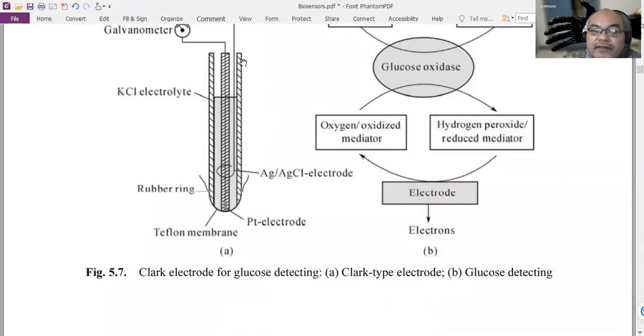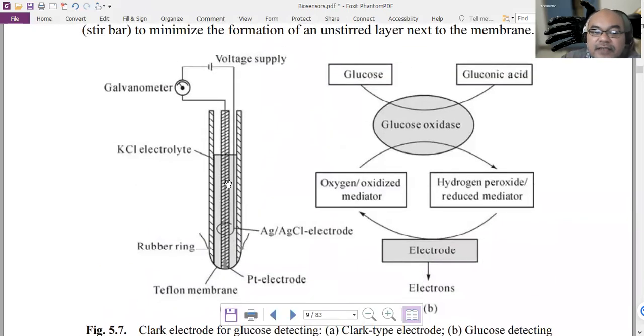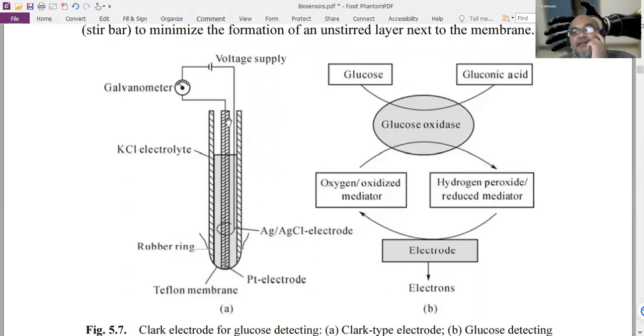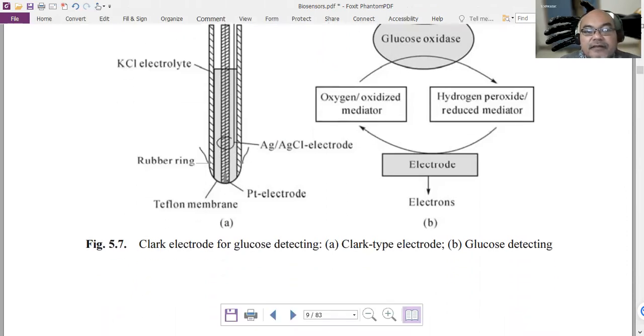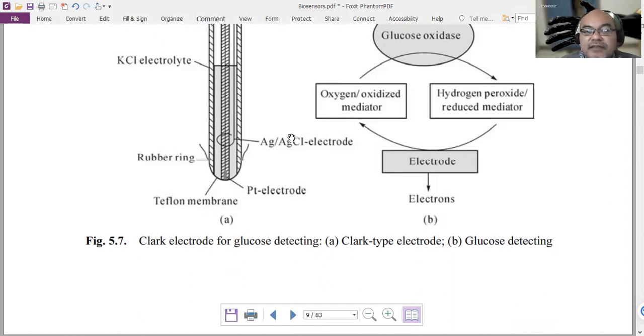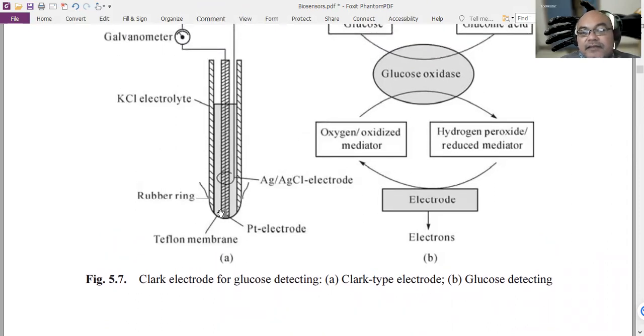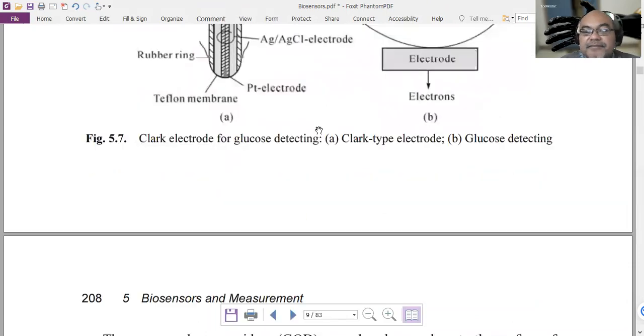This is the platinum electrode, the KCl electrolyte, and the Ag/AgCl electrode. The KCl electrolyte, potassium chloride, is located inside, and this is the reference electrode, silver chloride, and there is a platinum electrode here in the middle, and the enzyme can be put within this Teflon membrane.